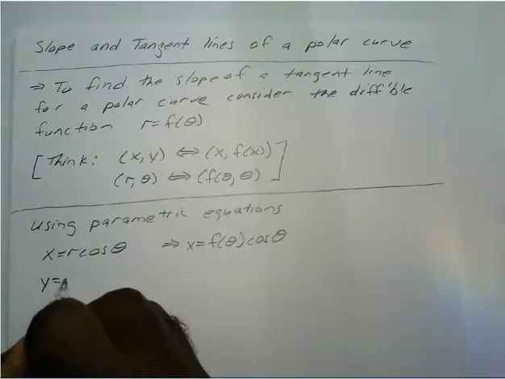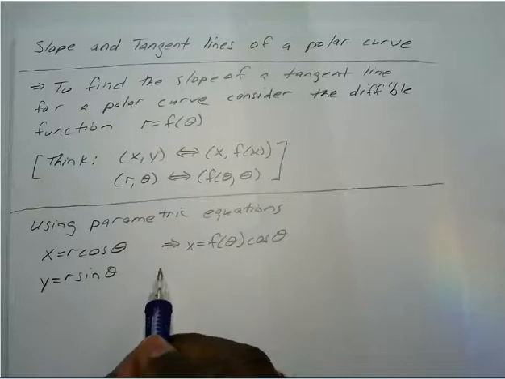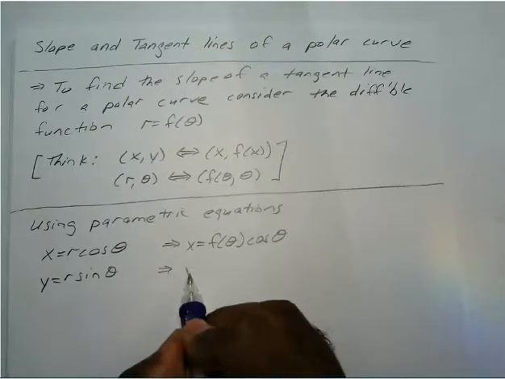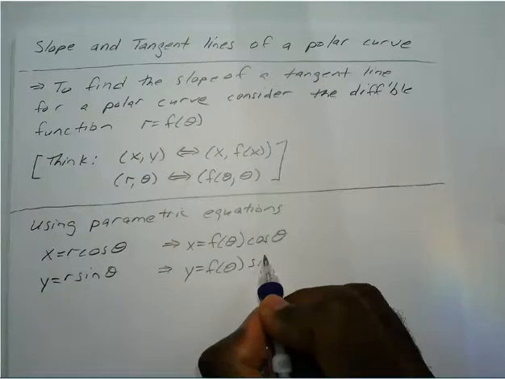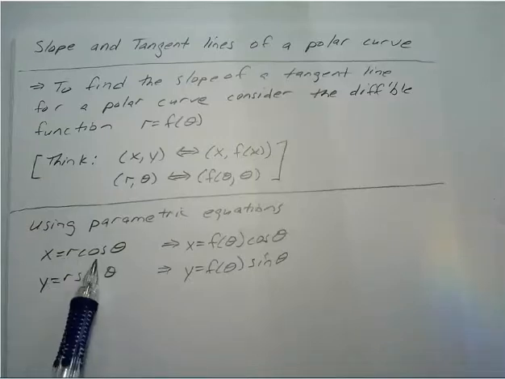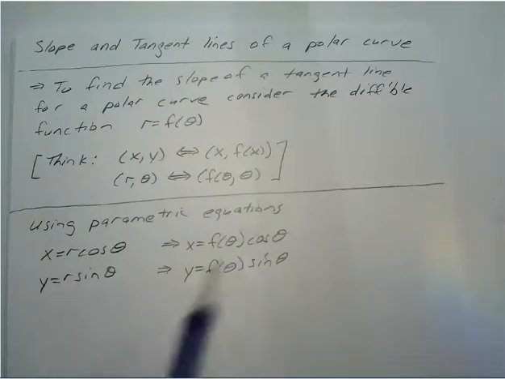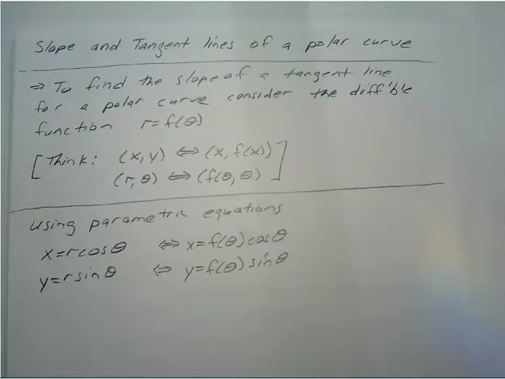And y is equal to r sine of theta. You can rewrite that as y is equal to f of theta sine of theta. Now if you like, you can leave it as r cosine of theta. Either way, it's perfectly okay. It's all a matter of your comfort level.